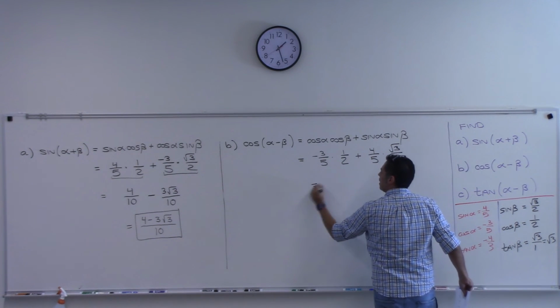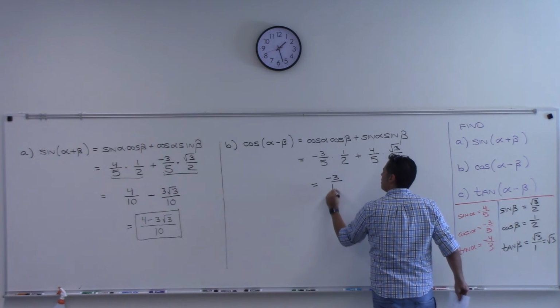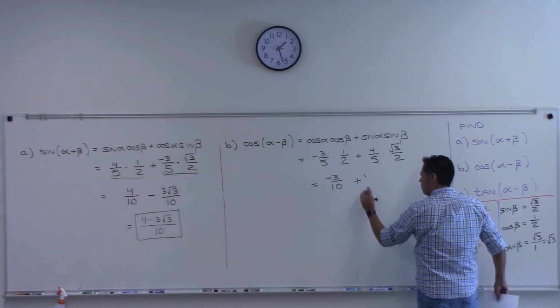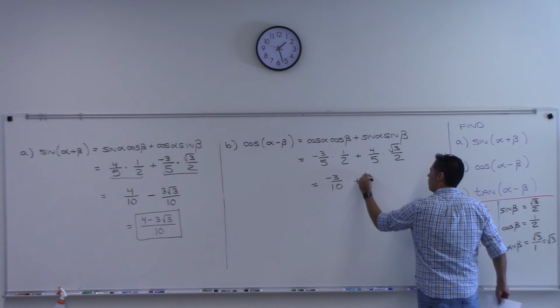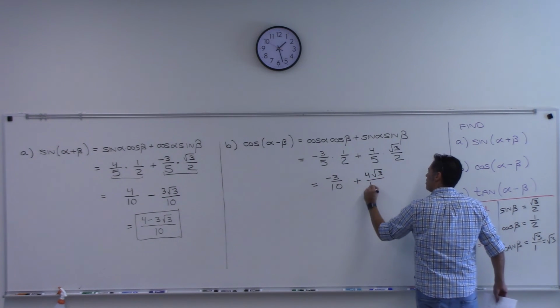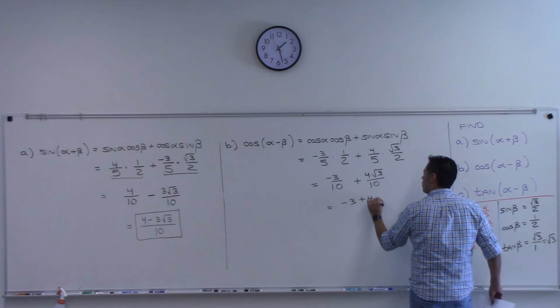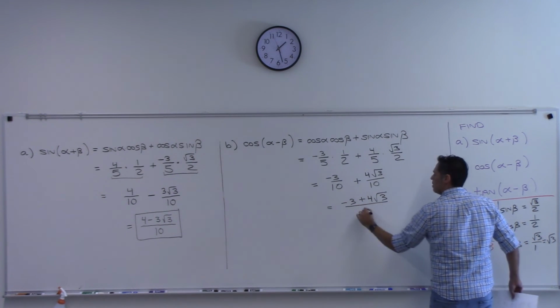And so we wind up getting -3/10 here, multiplying straight across, plus 4√3 over 10. And then we can put those together, -3 plus 4√3 over 10.